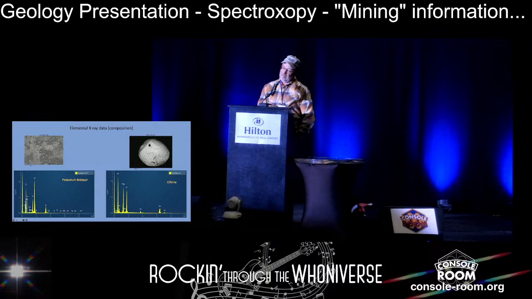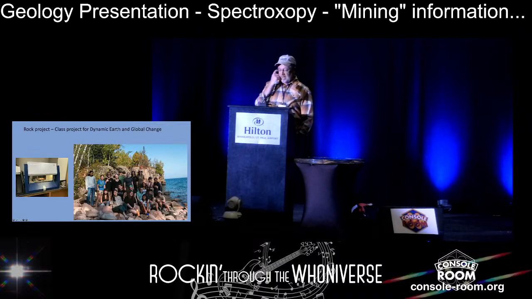So that's, in a nutshell, how these instruments work and how we might apply them. We've been using our introductory classes to introduce the students to the equipment in the lab. The first thing we typically go to, because it's the easiest, is the micro-XRF.